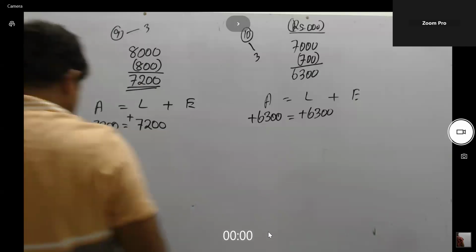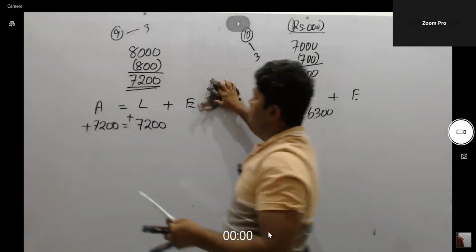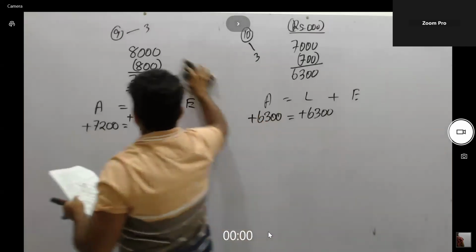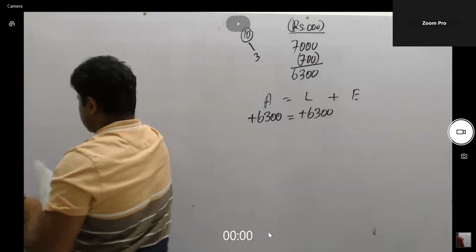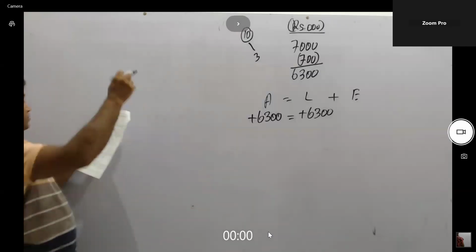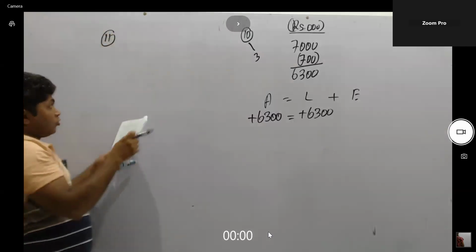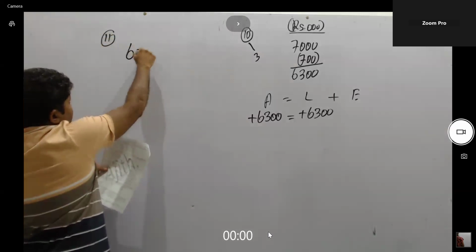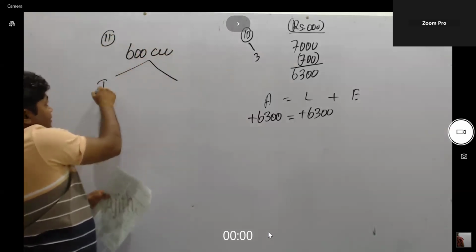Right. First thing, loan installment equals 600,000. But it included interest, and it was paid by the owner. Question number 11. There are two parts.